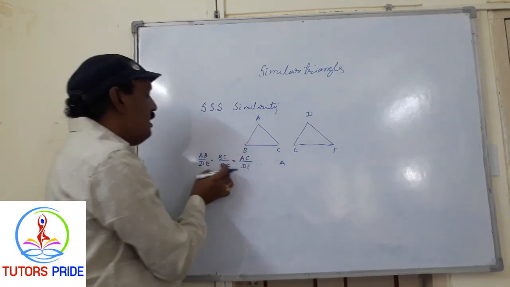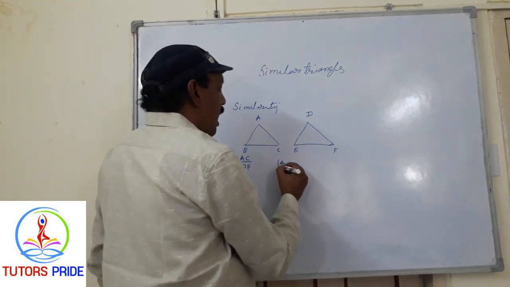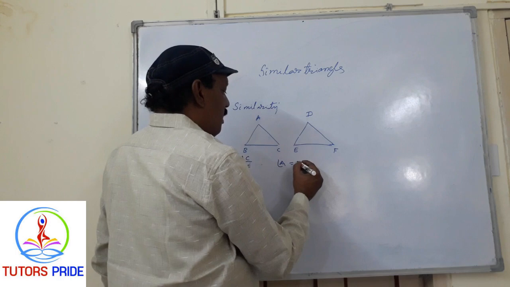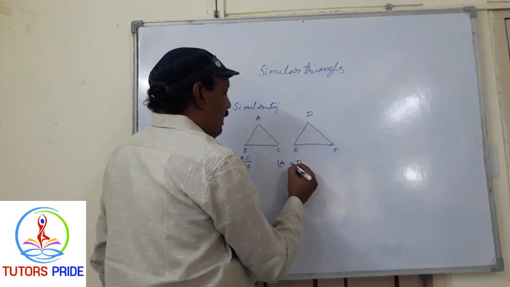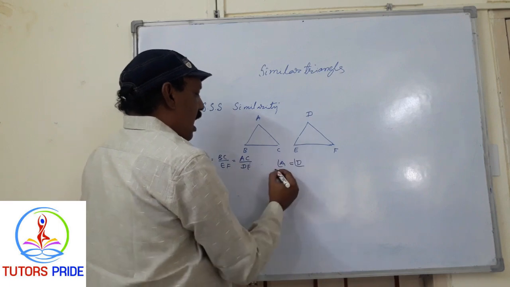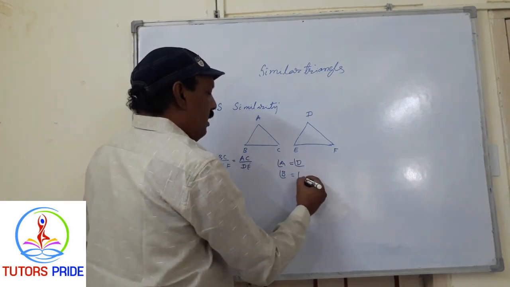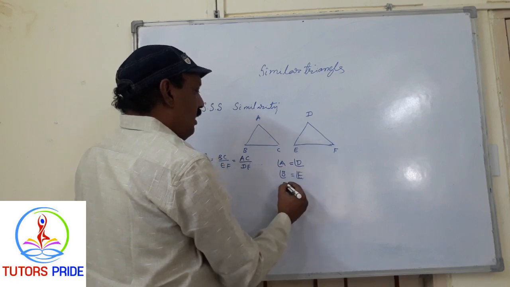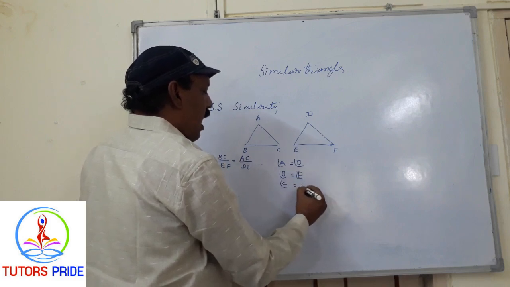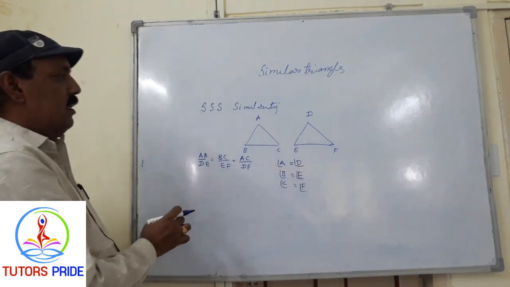Whenever the sides maintain the same ratio, similarly the angles maintain equality. Angle A equals angle D, angle B equals angle E, angle C equals angle F. The angle equality is also there.